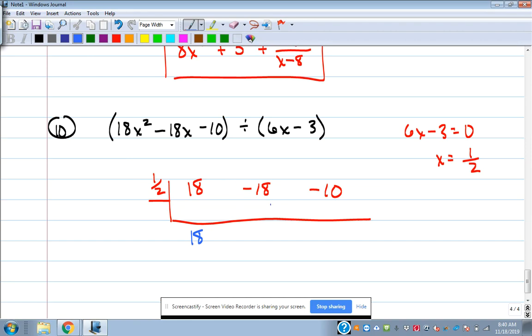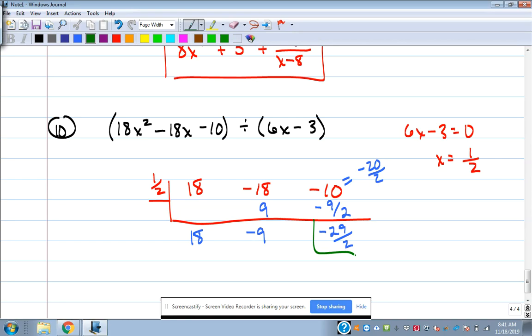1/2 of 18, 9, it'll be negative 9. Negative 9 times 1/2, negative 9 over 2. We don't do decimals in this class. We know 10 is negative 20 over 2. So that'd be negative 29 over 2. There's our remainder.